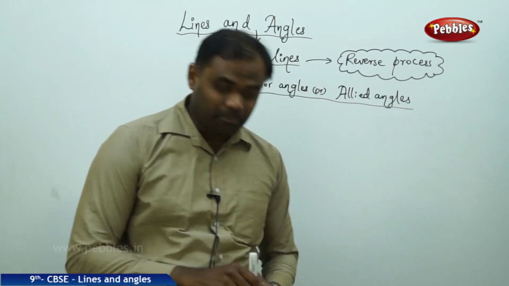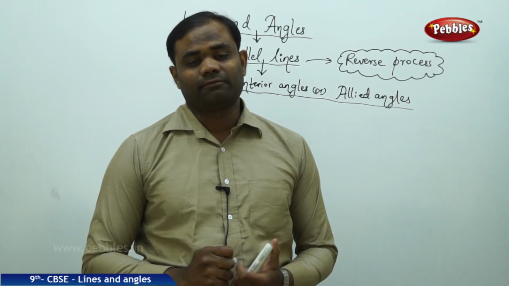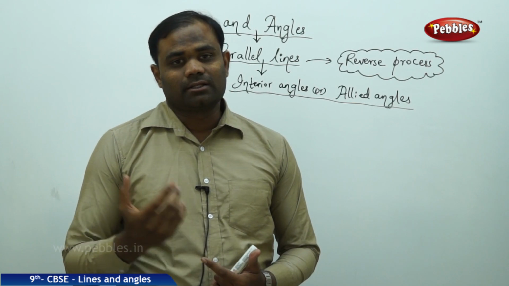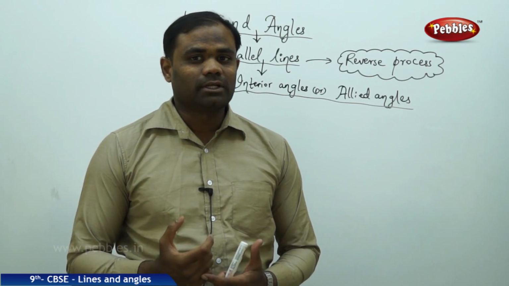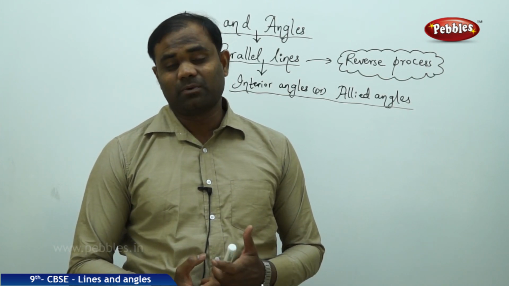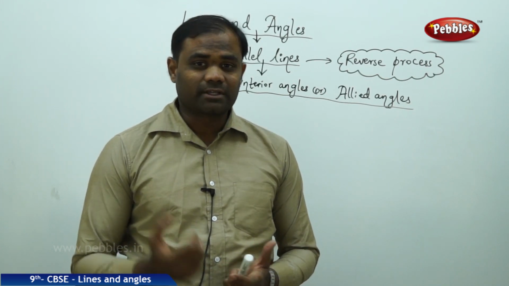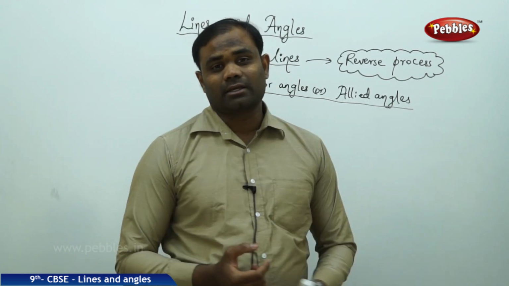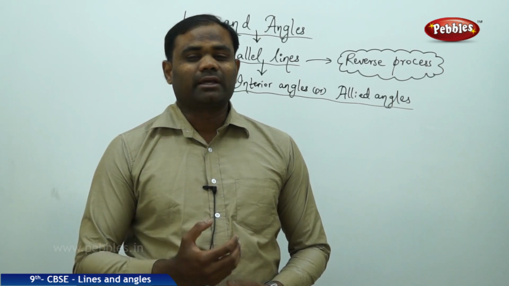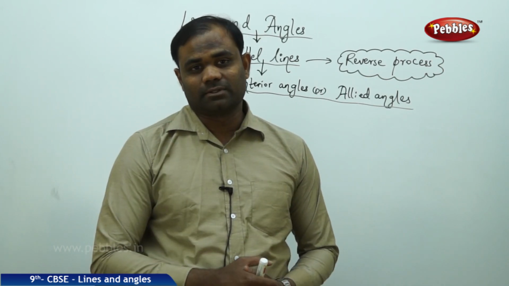As we have seen in the previous properties, if x and y are allied angles in the parallel lines L1 and L2, then x and y are supplementary angles. That is, x plus y must be 180 if x and y are allied angles, because they are interior angles on the same side of the transversal.